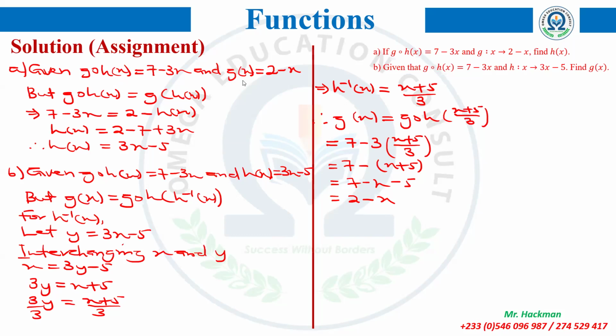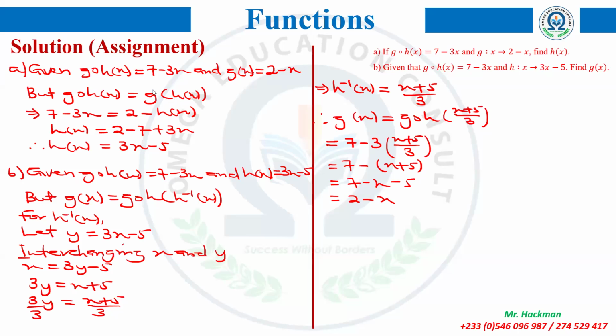So I know G, so I can feed it. In this case, I will use the direct meaning of G of h of x, which means G, I feed it with h of x. So in the normal circumstance, you proceed to substitute h of x wherever you see x in g of x.